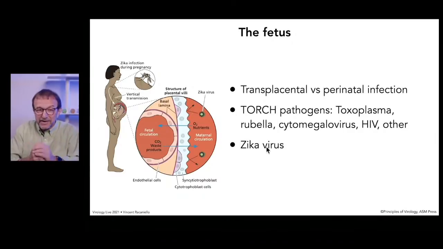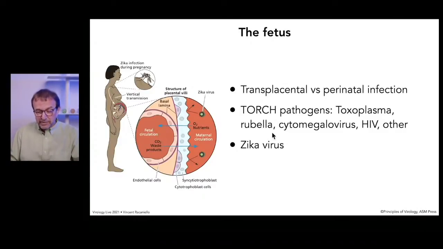Just, a virus that we've known since 1940s. And suddenly in 2015, it's associated with birth defects, congenital birth defects, and it turns out to be able to cross the placenta. So here we have Zika virus. So if the mother is infected, which can happen by mosquito bites, the mother has virus in the blood, and the virus is able to cross into the fetal circulation and infect fetal tissues and cause problems.